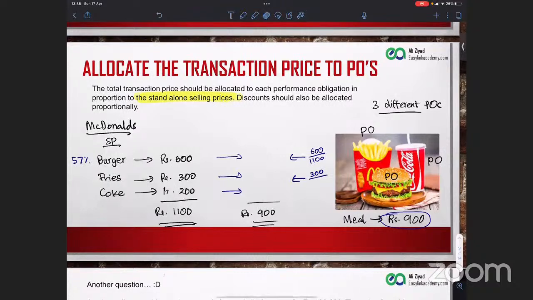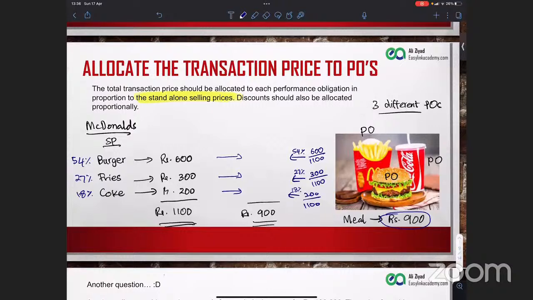Please calculate and tell. 300 over 1,100. Tell me what is the percentage here? 27%. And Coke, 200 over 1,100. Tell me what is the percentage here? 18%.